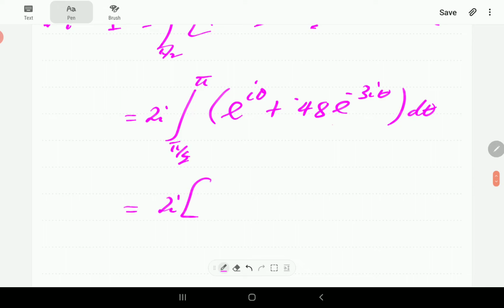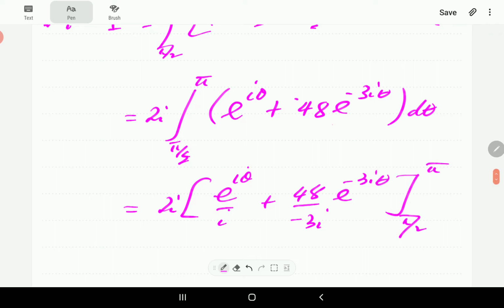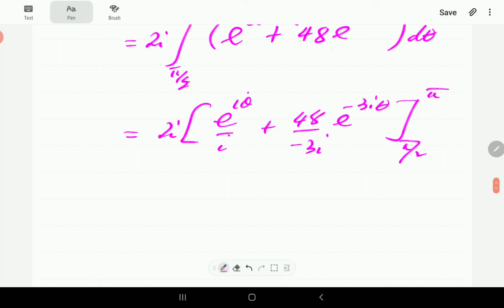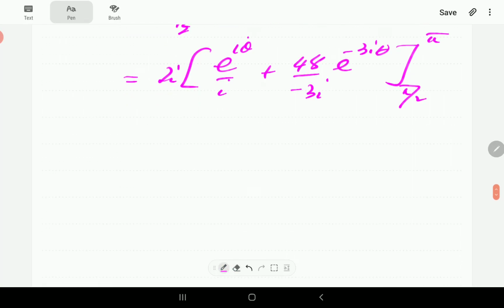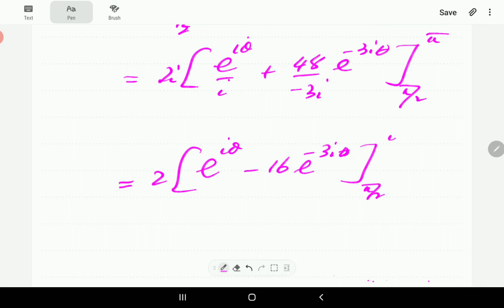This is going to be 2i times e to the i theta over i, and 48 over negative 3i, e to the minus 3i theta, from pi on 2 to pi. The i's cancel out on account of the factor of i outside. So we just have 2 times e to the i theta minus 16 e to the minus 3i theta, from pi on 2 to pi.